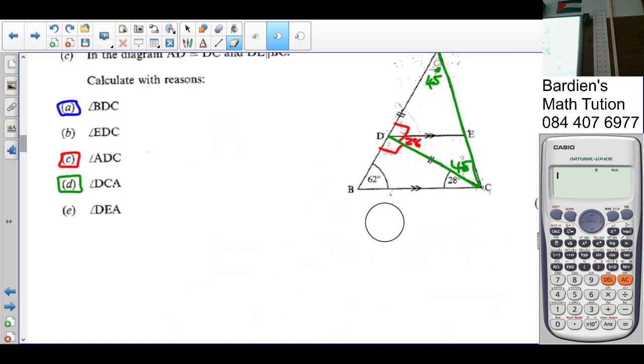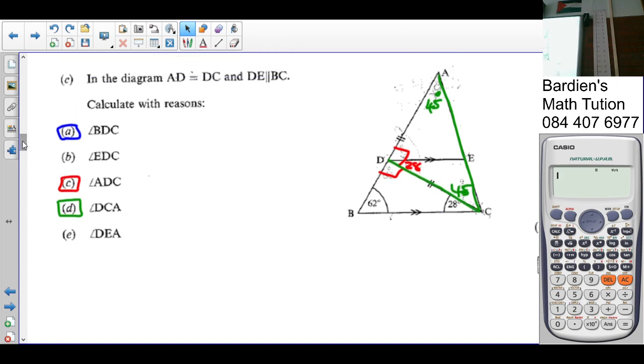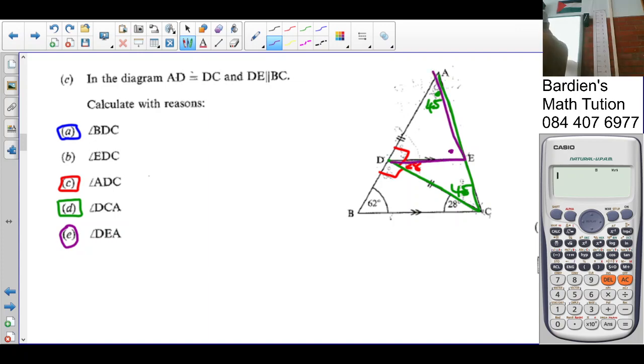So the next question says to calculate DEA. I'm going to calculate that angle. Sum of angles in a triangle, not so?